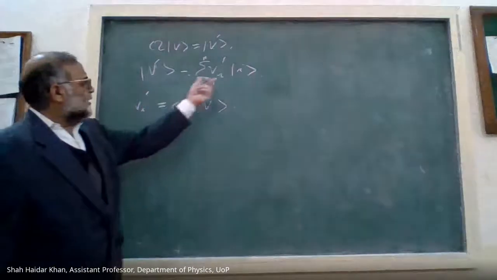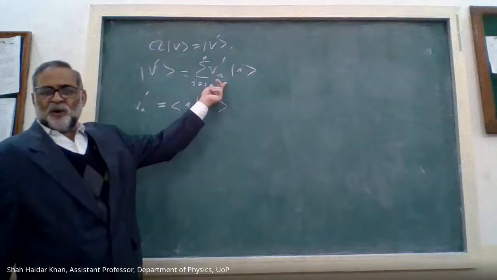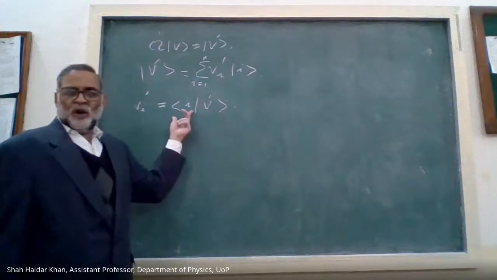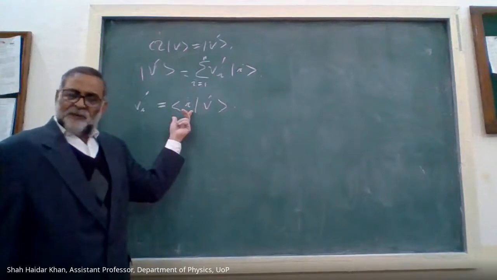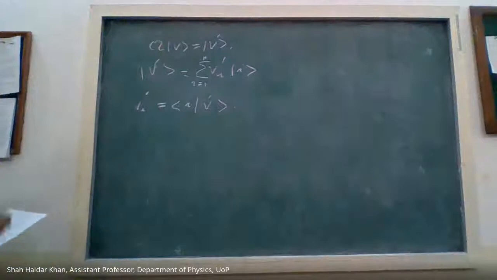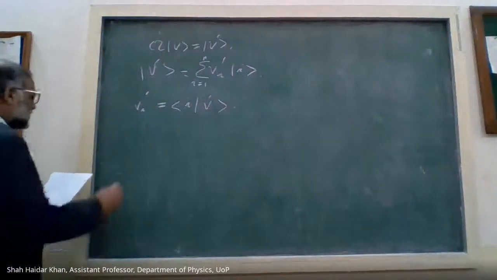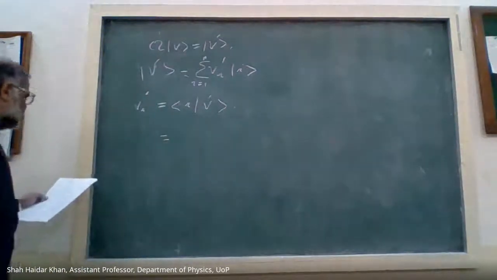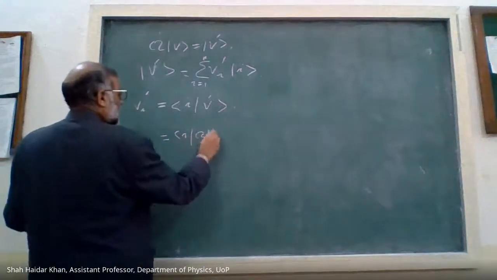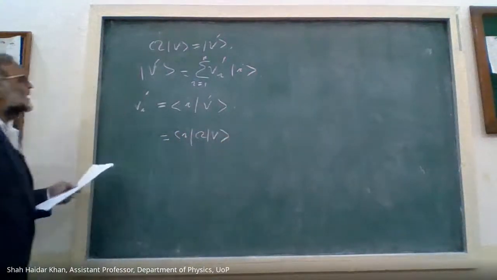So the component is the projection of that vector along the different basis vectors. We say that's a scalar product, right? So that is equal to i dotted with omega applied to V, like this.